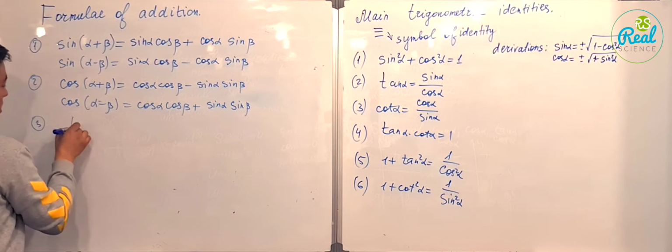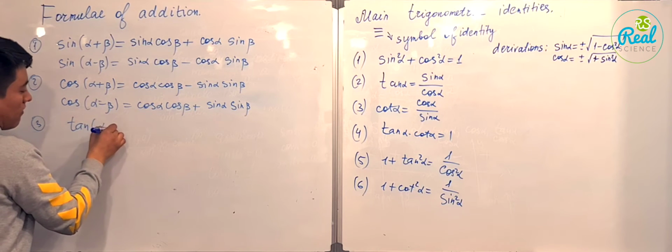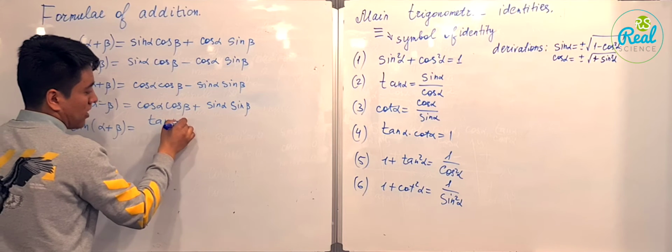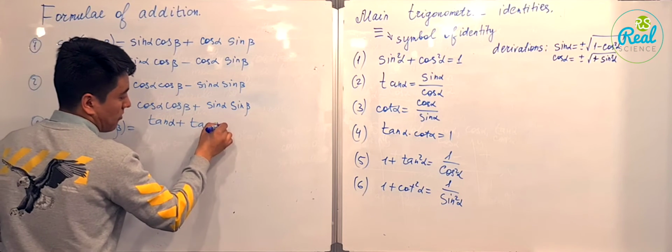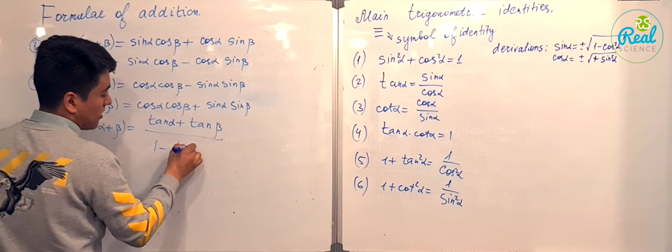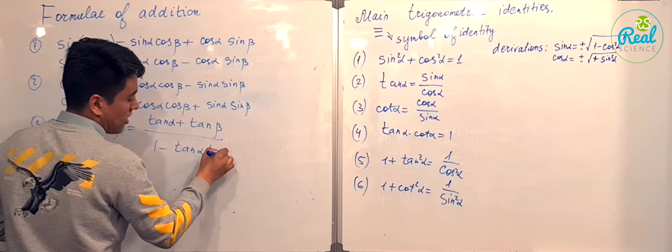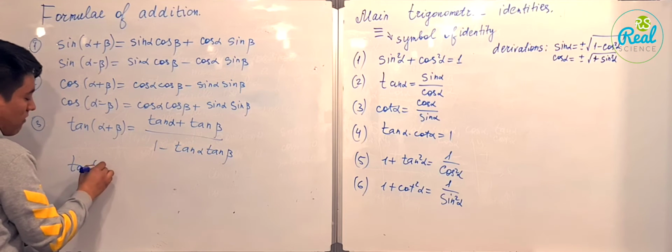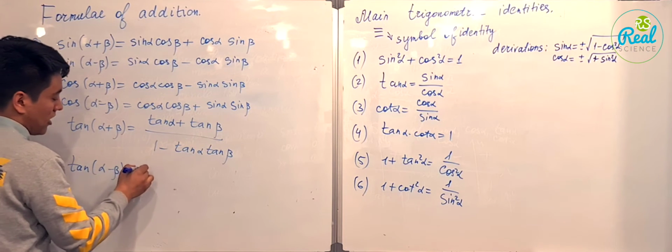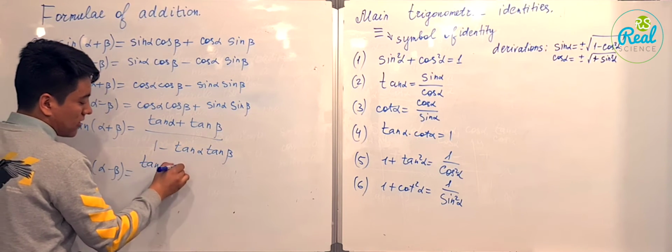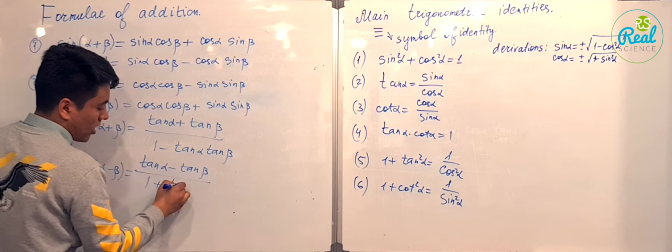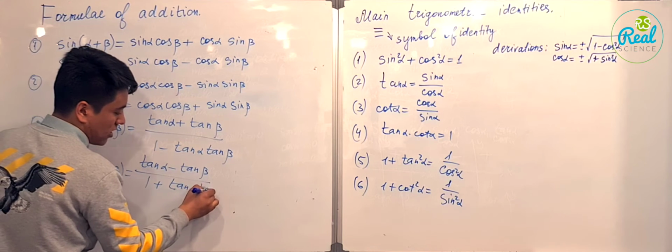Third one, tangent alpha plus beta: tan alpha plus tan beta over 1 minus tan alpha tan beta. That's it. And for tan alpha minus beta, just the signs are different. Cotangent is the vice versa of tangent.